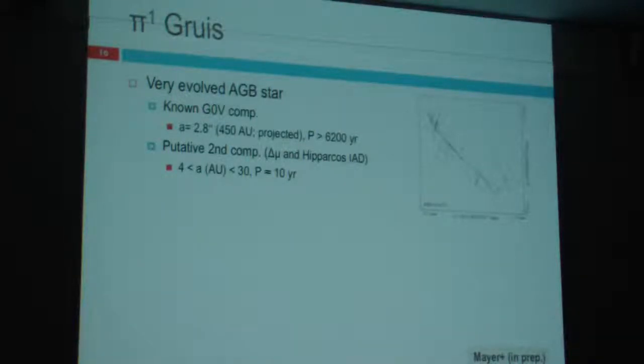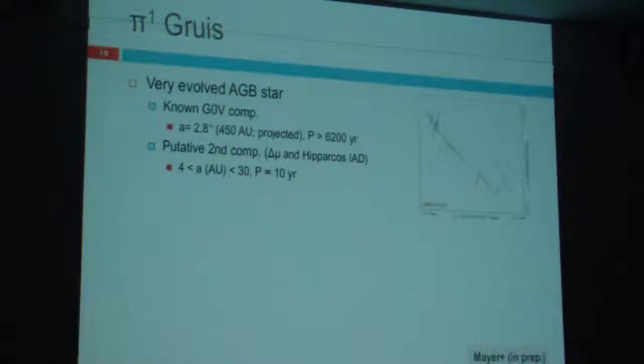But if you have a look at the delta mu, this means you have a difference in the proper motion between the short-term Gaia proper motion and the long-term Tycho-2. And if you also look at the Gaia intermediate astrometric data, you see that the photocenter actually does this kind of orbit.